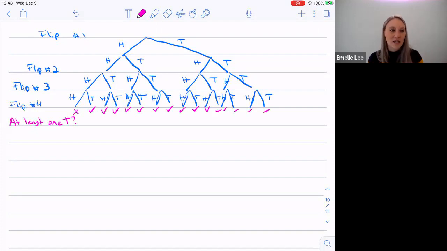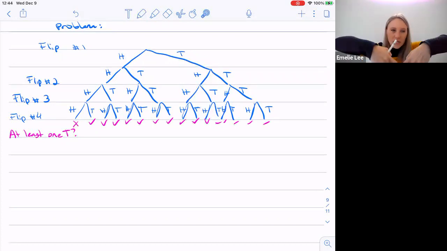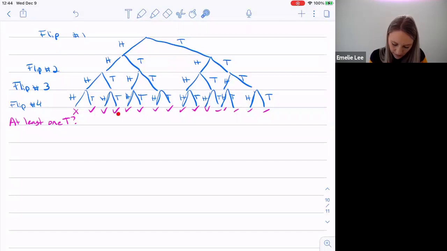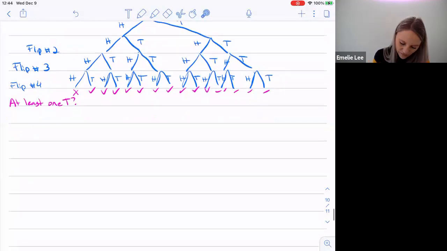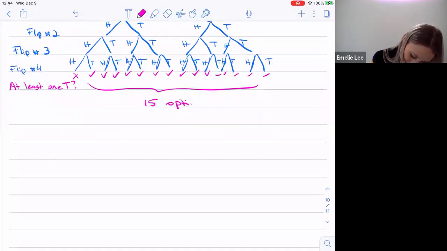I know there's only one that doesn't. So in each of these, there's at least one tail as I trickle down. Now I count how many: 1, 2, 3, 4, 5, 6, 7, 8, 9, 10, 11, 12, 13, 14, 15. 15 options.